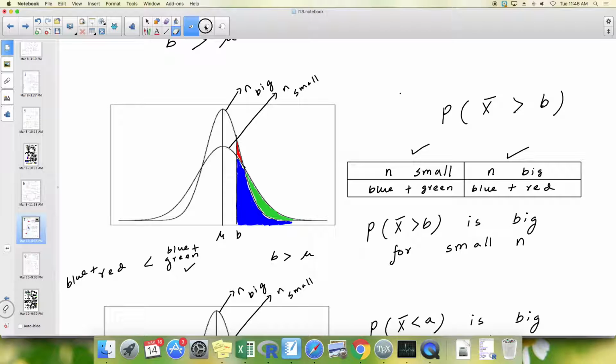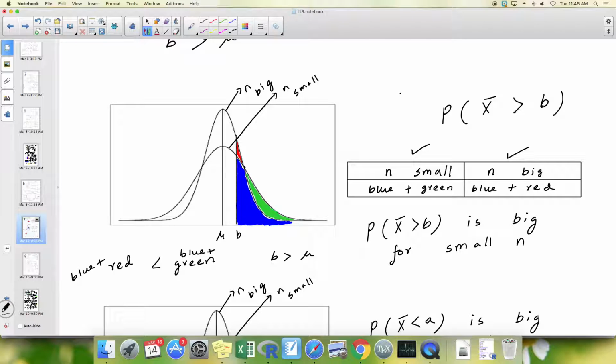Now let's just do the following. Can you see that red is smaller than green? That you have to observe from the picture. If you agree with that, that will mean blue plus red is smaller than blue plus green.